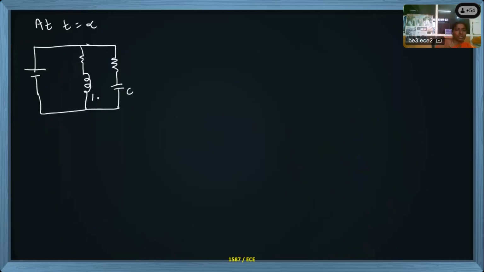This is C, L, R2, R3, and then V. What I am trying to do is take current I1 in this closed loop. In this outer loop, I am taking the supply also into picture. In the outer loop, I will take I2. Inner loop, I will write KVL.